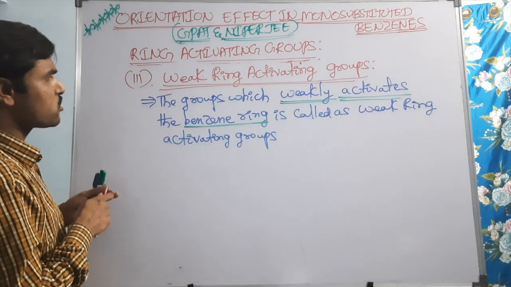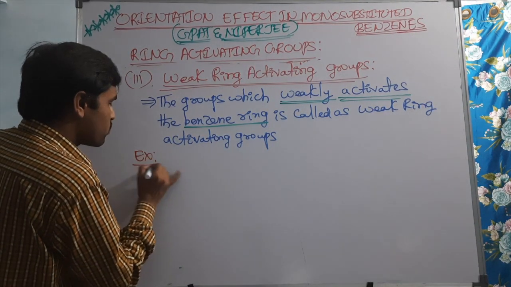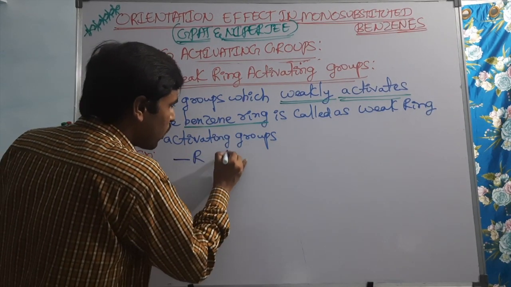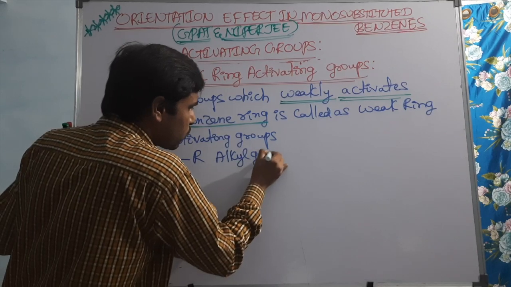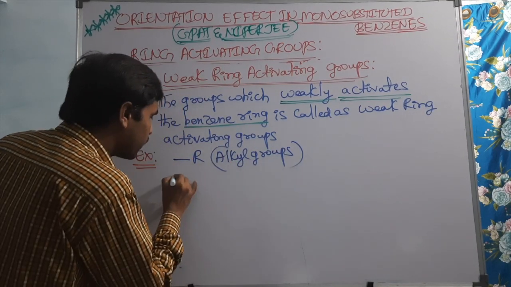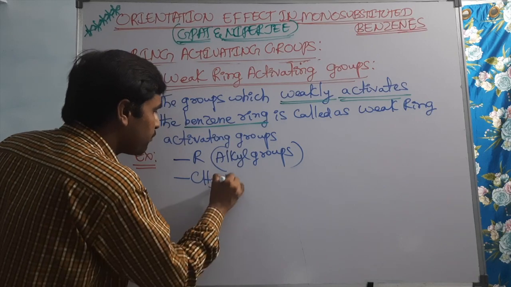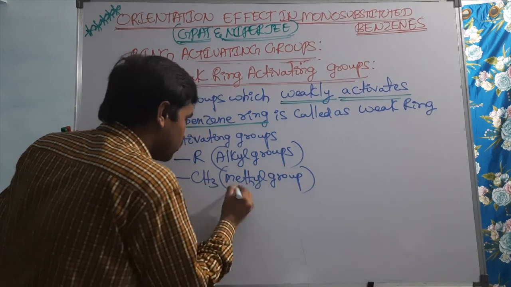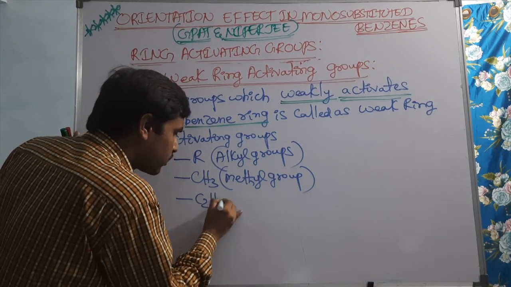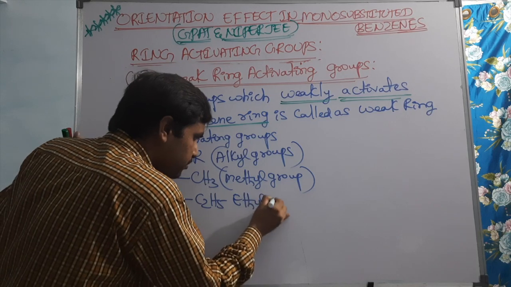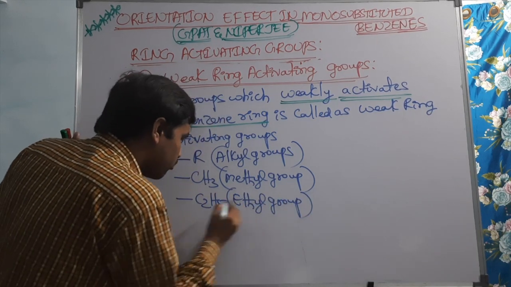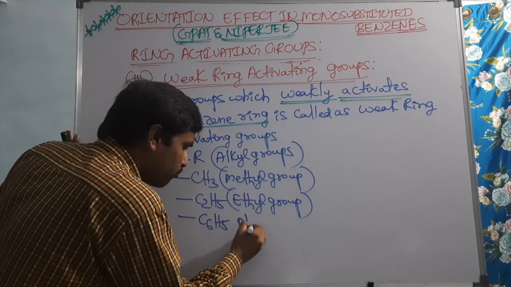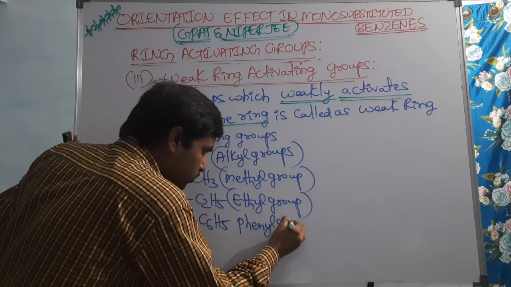What are the examples? Simple examples are alkyl groups. What are the alkyl groups? Methyl group, ethyl group, or phenyl group, that is C6H5.